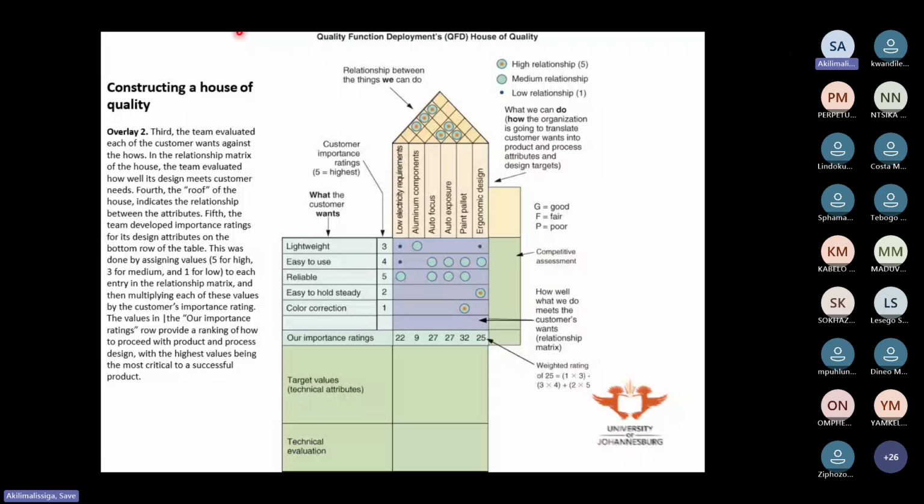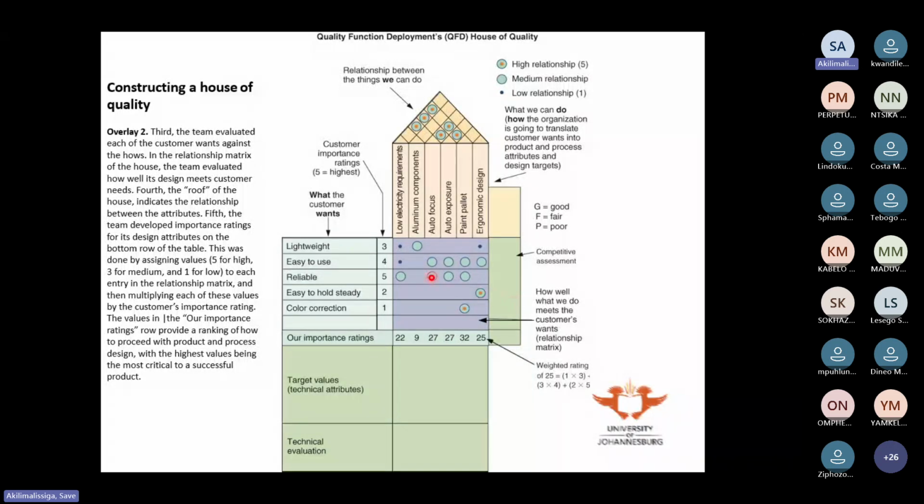Now, once you have this, you can extend your house of quality a little bit further. You see on this side here, as I was saying, this is the competitive assessment. This is the current product. These are the customer requirements.